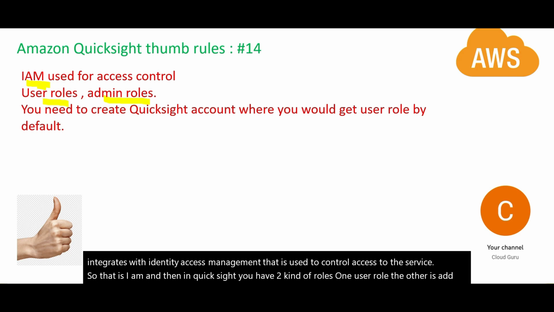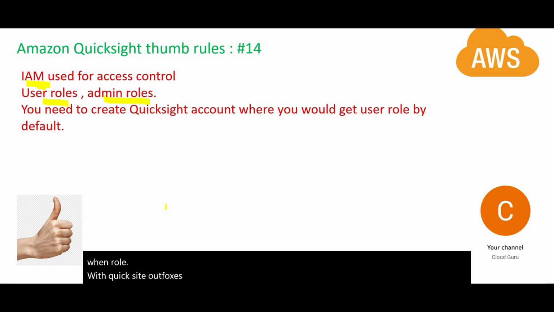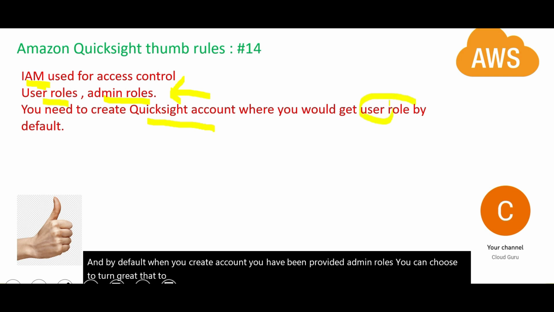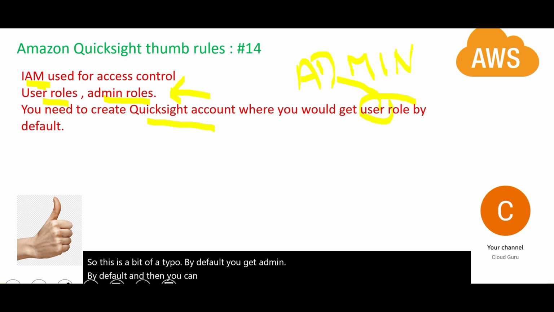With Quicksight, suppose you have an AWS account, you can create your own Quicksight account, and by default when you create that account you are provided the admin role. You can choose to downgrade that to a user role as well.